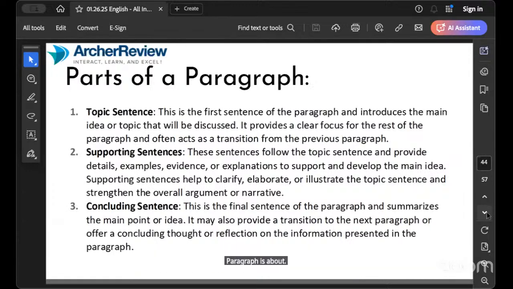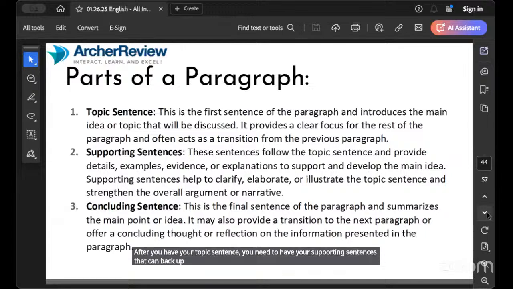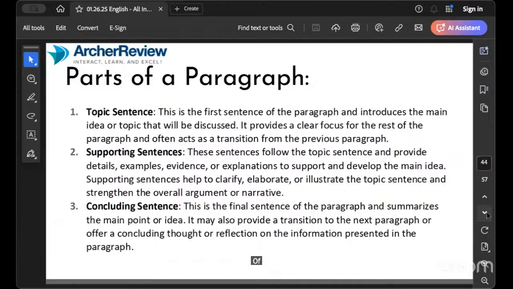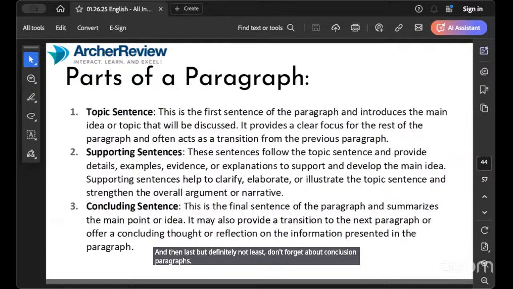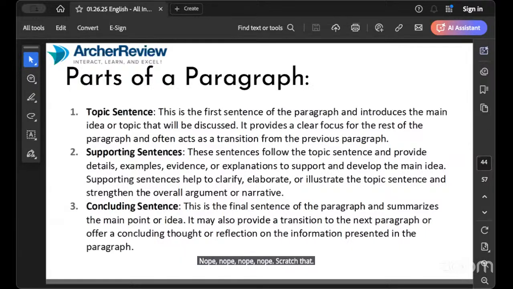After you have your topic sentence, you need to have your supporting sentences that can back up or give evidence, provide examples, whatever of what that main idea of that paragraph is about. And then last but definitely not least, don't forget about conclusion sentences.